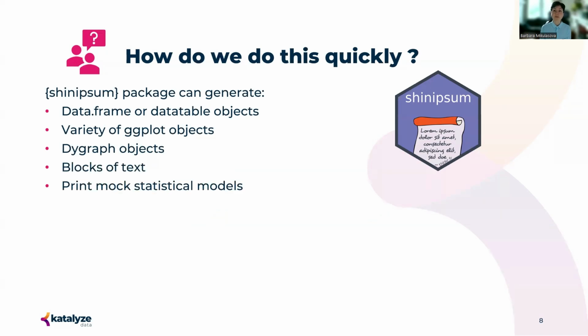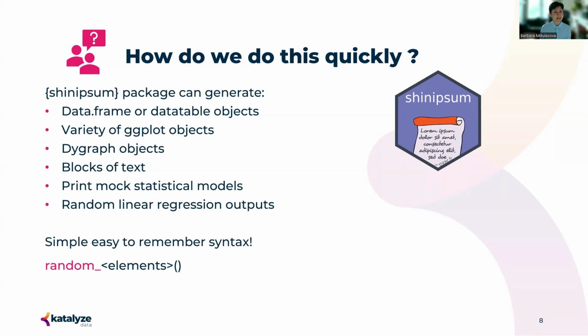It can even print mock statistical models or even give you random linear regression outputs. A big advantage is that it has a very simple syntax. The majority of the function calls start with the word random, underscore, and the name of the element that you want to generate. This is a truly versatile package, as we will see in the demo later.